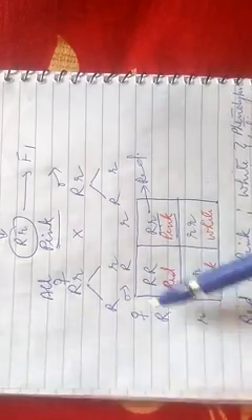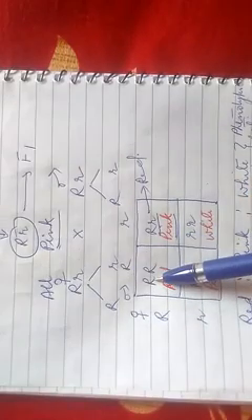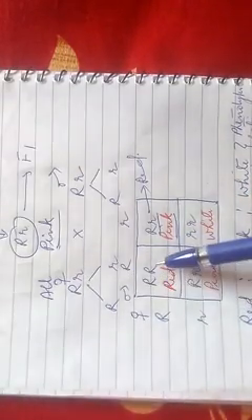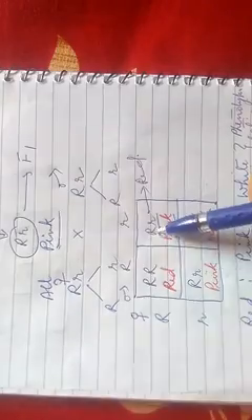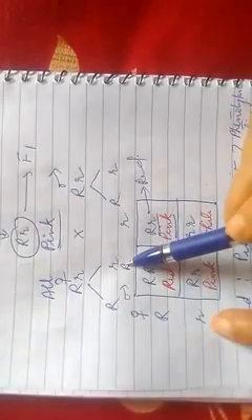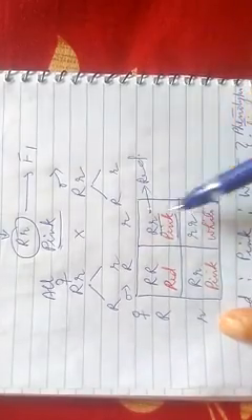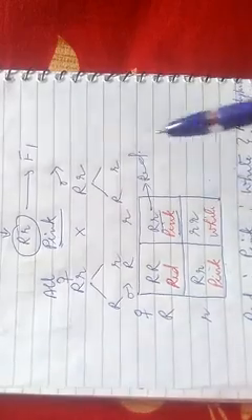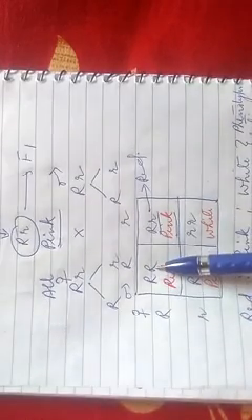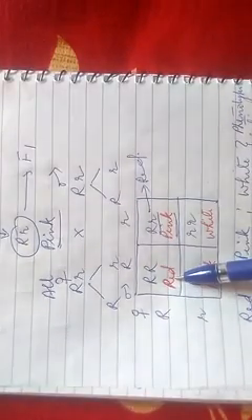Fusion between this and this will produce an individual with the genotype capital R, capital R. Here the genotype will be capital R, small r. Here capital R, small r, and for this box it will be small r, small r, right. So when it is in homozygous state, expression will be red.